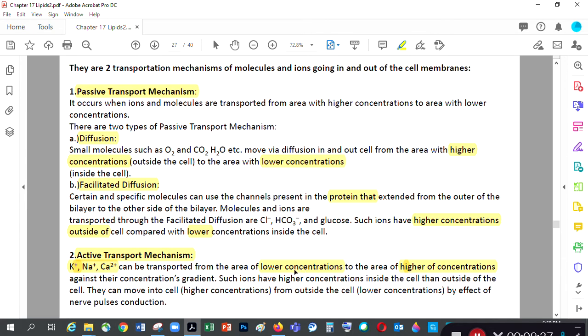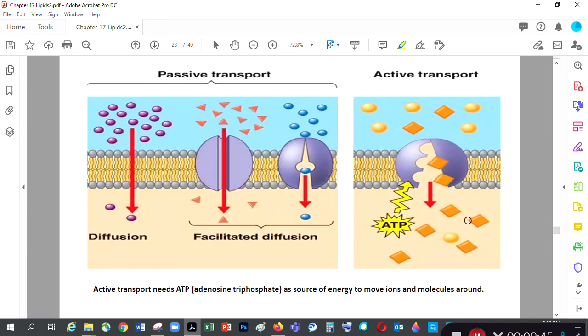That's difficult to do, the active transport of those ions here. You need some help, and that help you can see from the picture here. Active transport uses ATP. ATP is adenosine triphosphate, used as a source of energy to move the ions and molecules around.